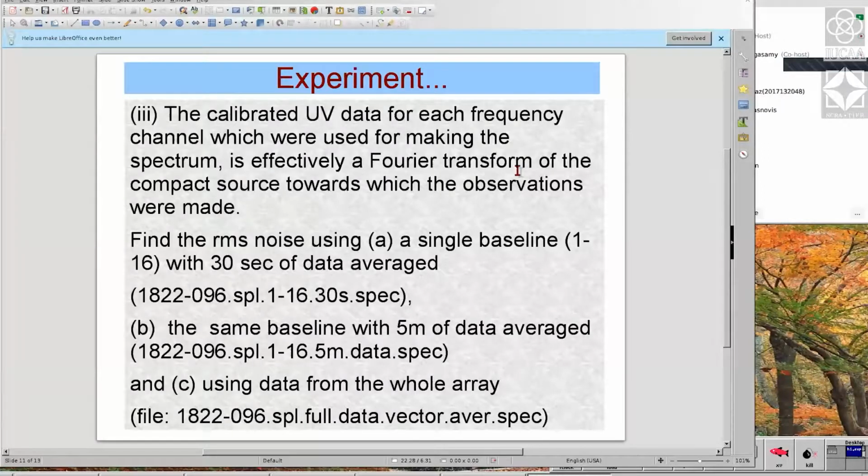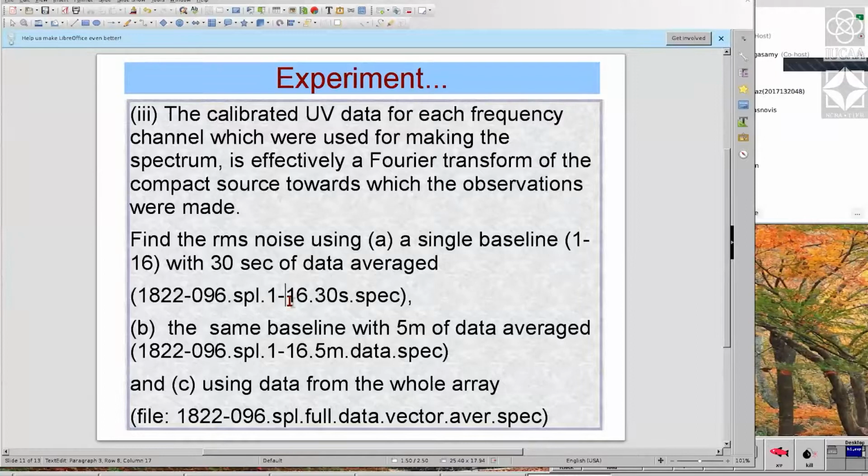So what I am asking is that you can also find the RMS noise using a single baseline, which I have just given, antenna number 116, with 30 seconds of data averaged. So here you can again find the RMS from this file. You can again repeat the same with 5 minutes of data averaged and see, using data from the whole array, how the RMS compares. So that is the idea.